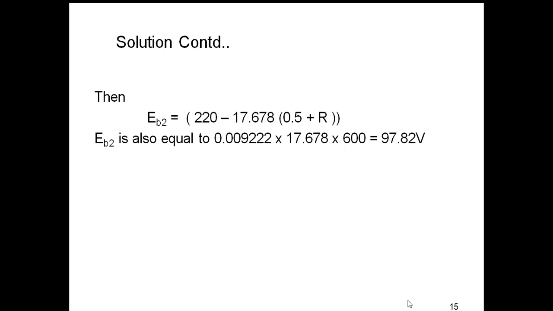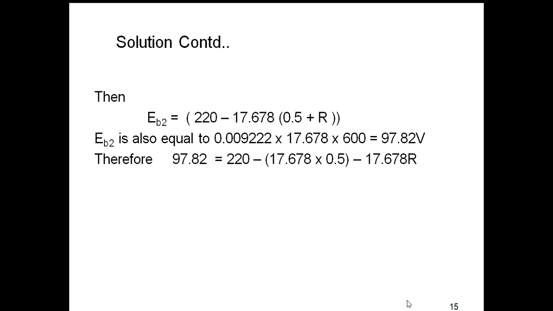If we substitute this 97.82 volts in the above equation, we get 97.82 is equal to 220 minus 17.678 into 0.5 minus 17.678 into R.